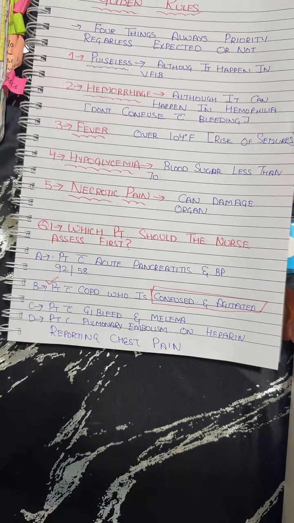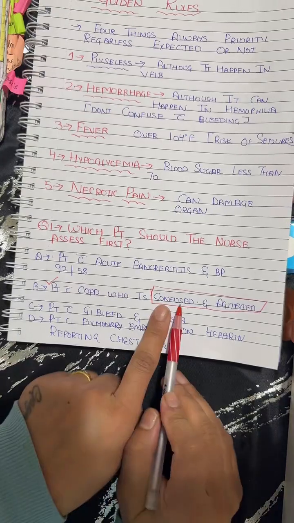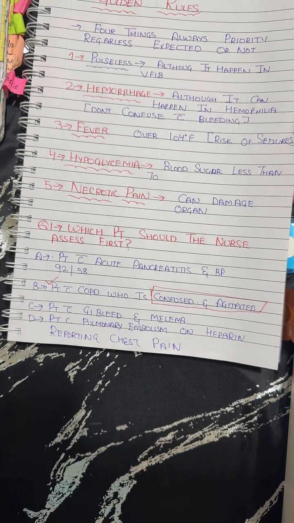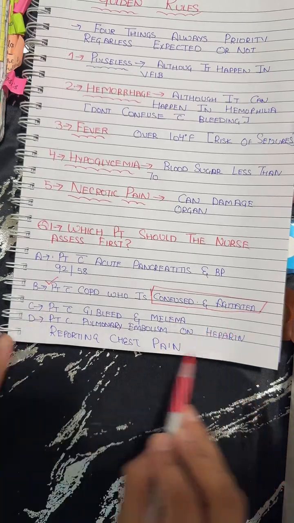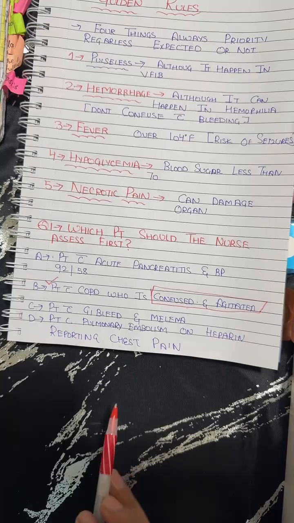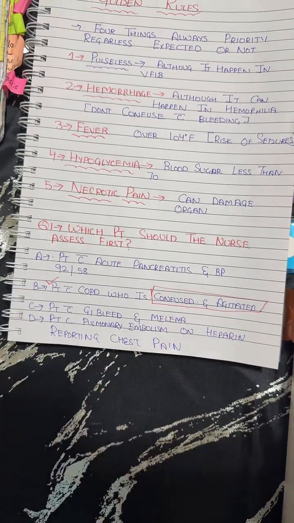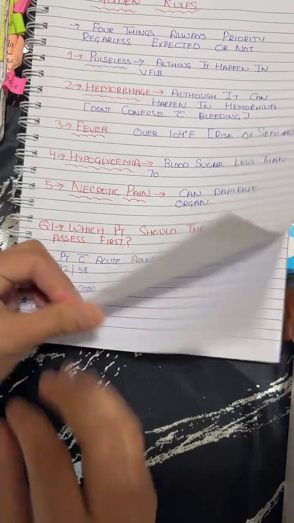Is it new confusion? Doesn't matter new confusion or what. If you see confused patient, go for it. I consider all these are dangerous, right? But confused and agitated. Okay, we will break it down.